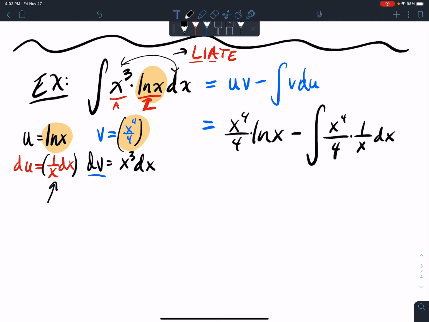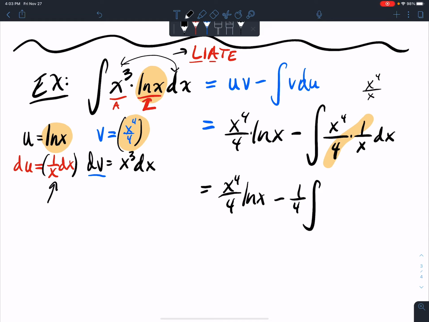Okay, so now what I need to do is simplify this. Inside my expression here, I have a constant 1/4. I'm going to pull that constant out. So I've got that negative 1/4 on the outside. Now, if I have x to the 4th over x, that's 4 x's up top, 1 in the denominator. So that gives me x cubed here, dx.